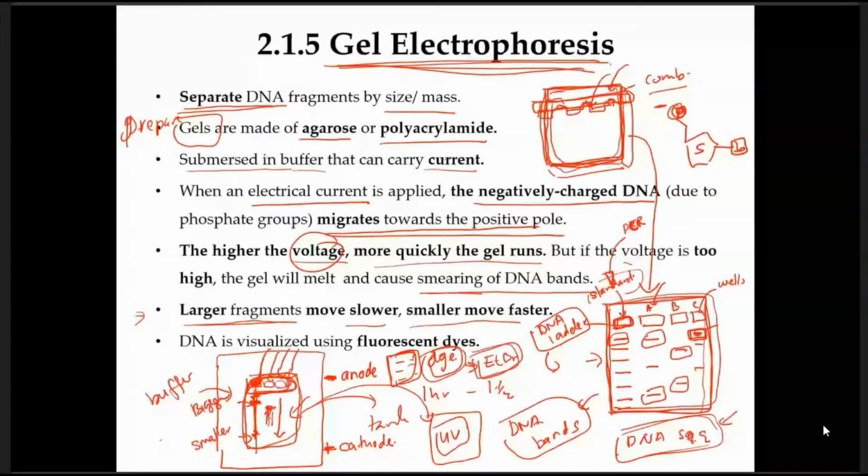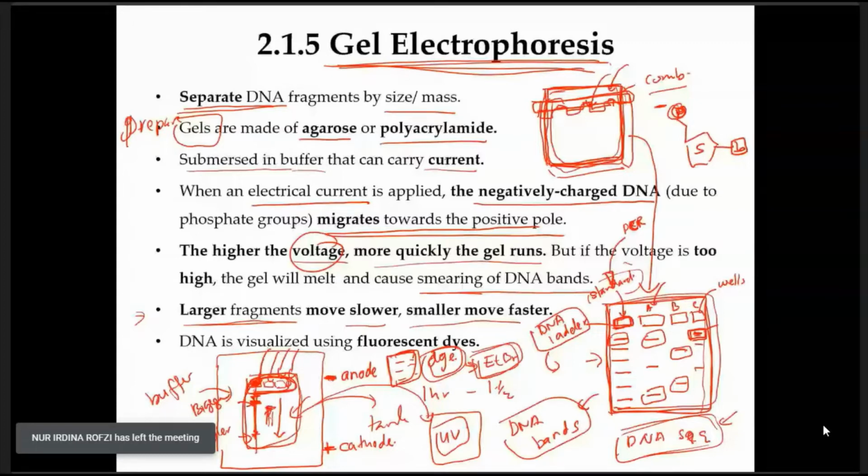Okay, the next slide. The DNA is visualized using a fluorescent dye that you can observe using UV light. Okay. So here you have 3 reactions. Reaction 1, reaction 2, reaction 3. Sampel lah kan, sampel DNA 1, sampel DNA 2, sampel DNA 3.